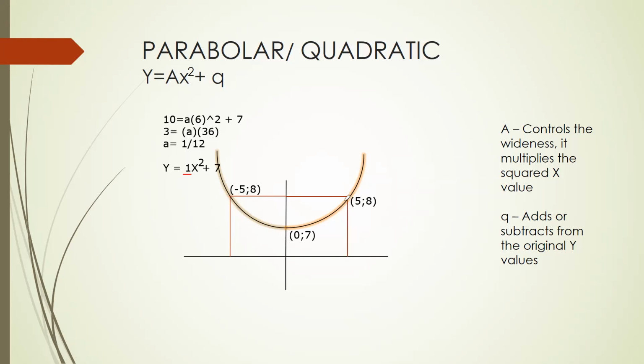Now we multiply whatever the x was. The x was negative 5, negative 5 squared. Negative 5 squared, or 5 squared, gives us 25, which means our y was supposed to be 25.